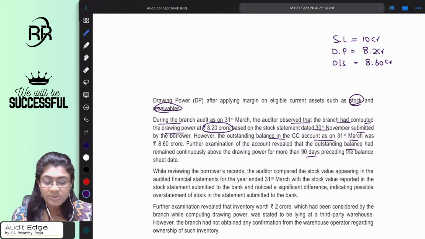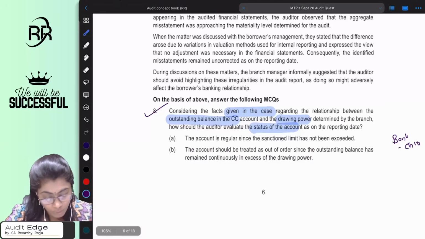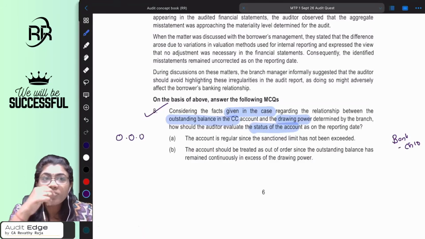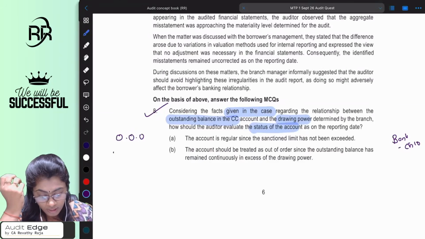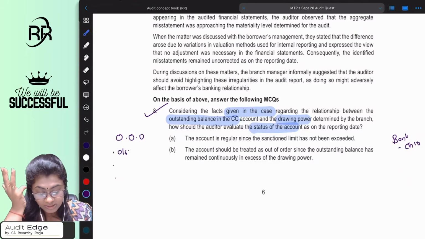So which concept are they testing? There is something called as out of order. Can you revise out of order? How many cases will it be out of order? 3 cases. One, if the outstanding balance exceeds the sanction limit or drawing power.